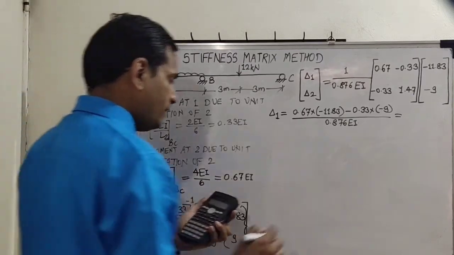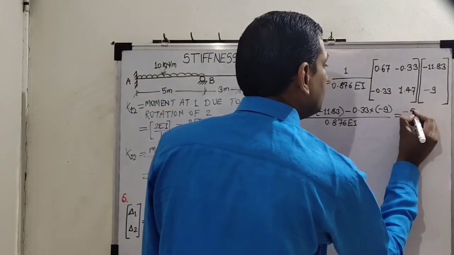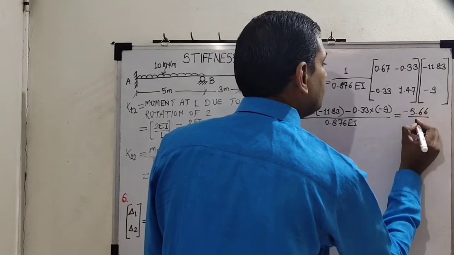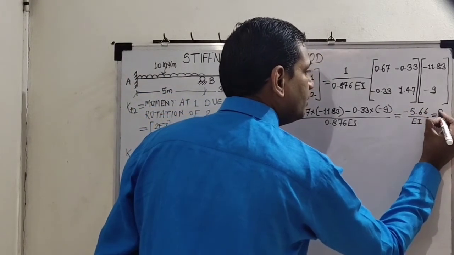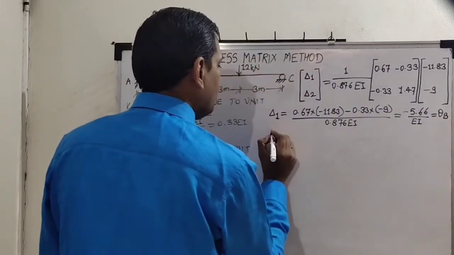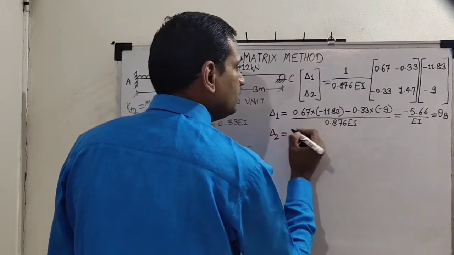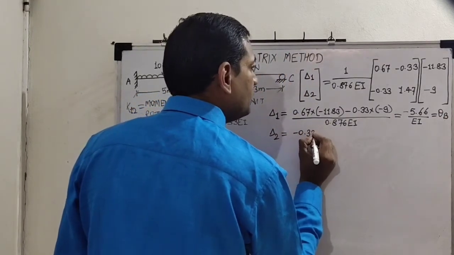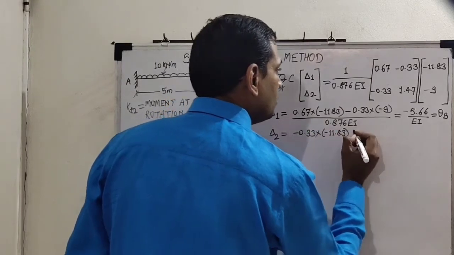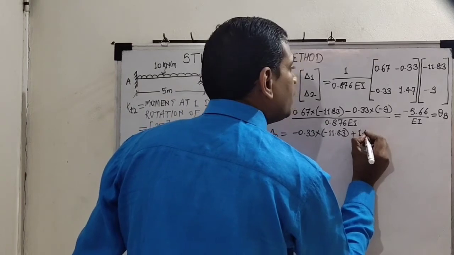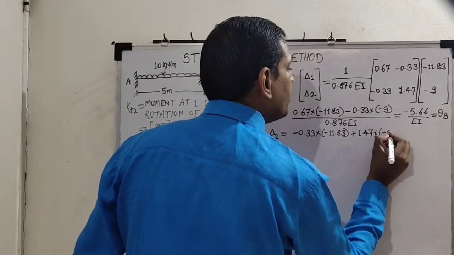So this is minus 5.66 upon EI. This is our first unknown, theta b. Then delta 2 is minus 0.33 into minus 11.83 plus 1.47 into minus 9.